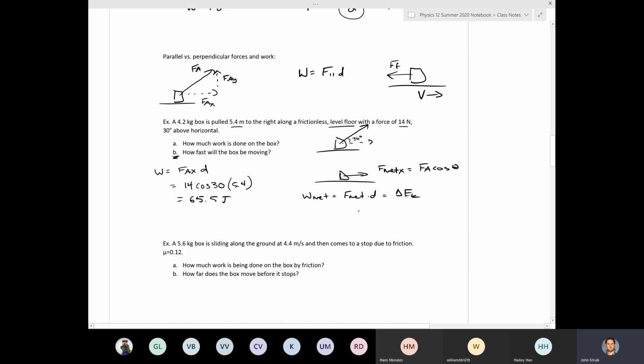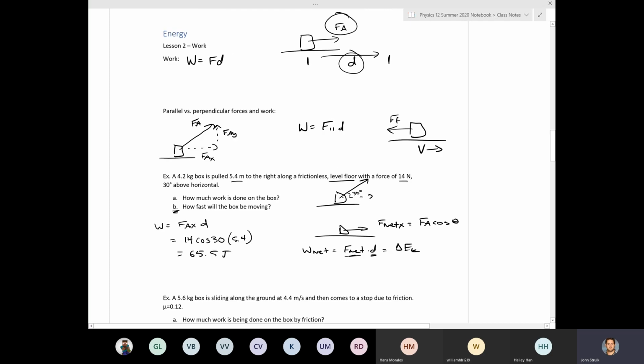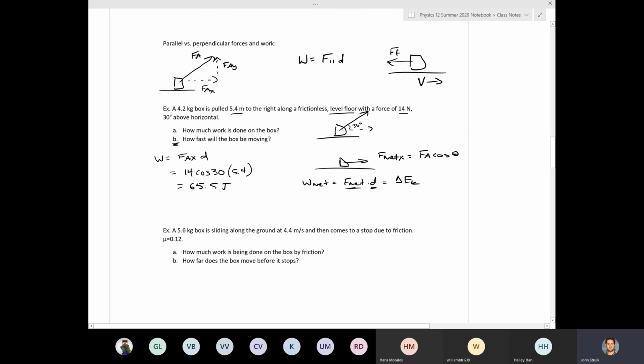If we have our net work being our F net times D, notice how the F net here still has to be parallel with D, just like up here, our force that's doing the work has to be parallel with D. So F net X is FA cos theta times D, which is what we just did. So this is going to be 65.5, and that's going to equal delta EK.